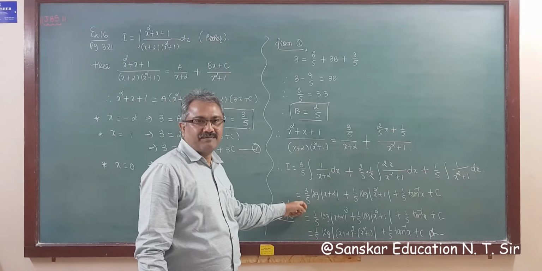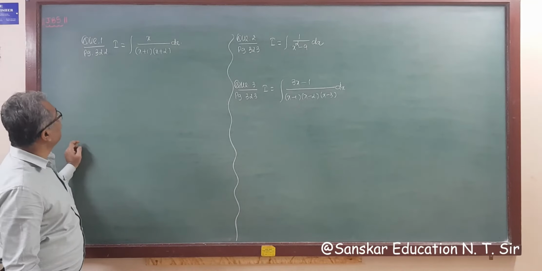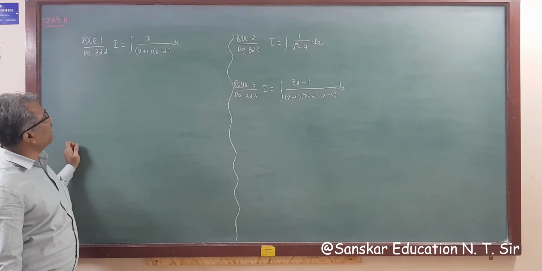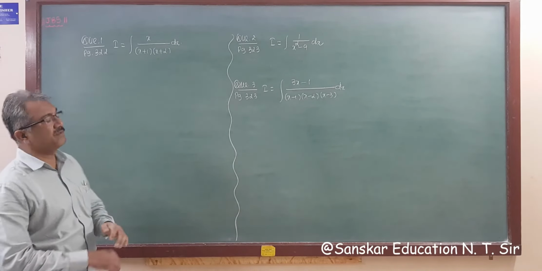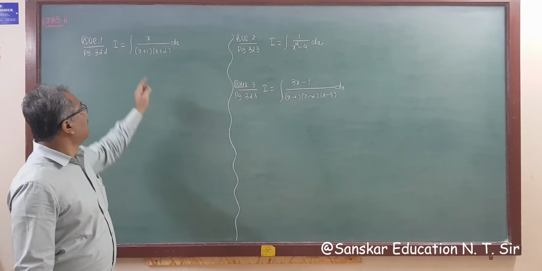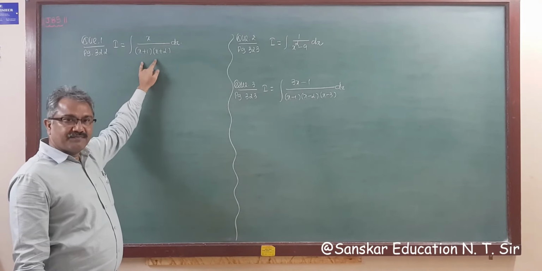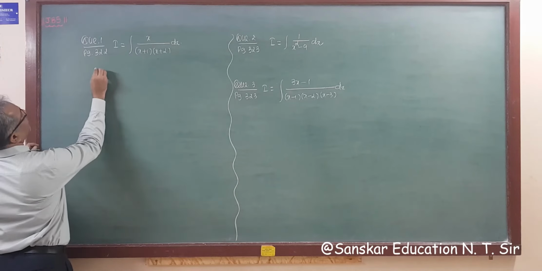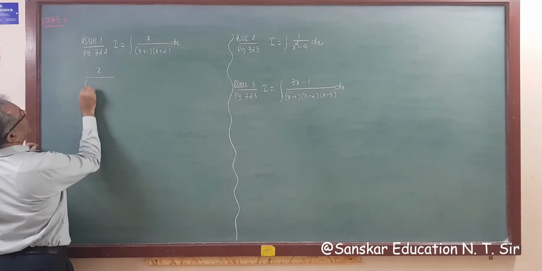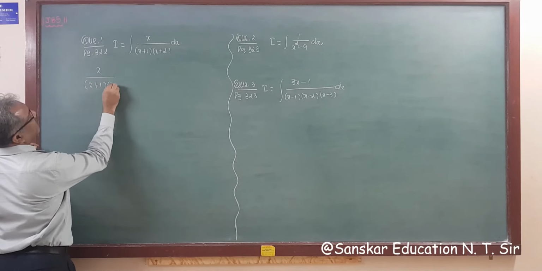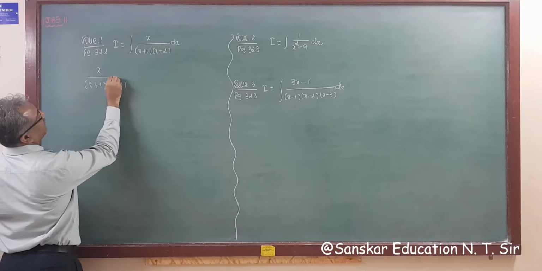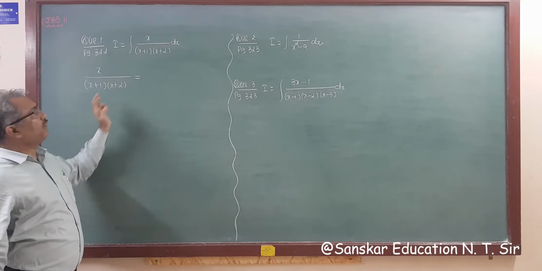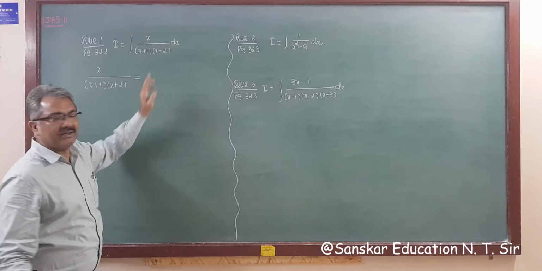Okay? So question number 1, page 322, I is equal to x upon (x plus 1)(x plus 2), a proper rational function. So we apply the method where the roots are linear and non-repeated. So we have to write one constant upon one factor, another constant upon another factor.